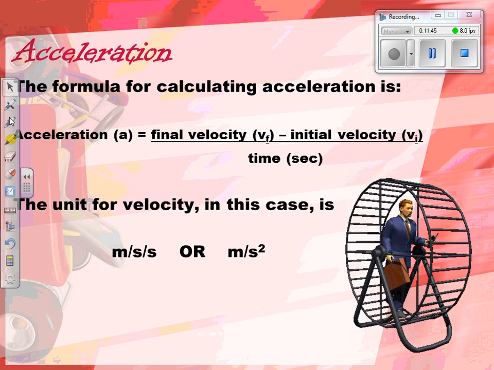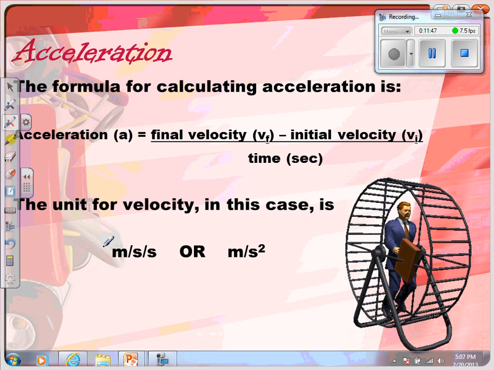Say this was 5. Okay, so say this man on the wheel there is changing his speed at a rate of 5 meters per second. What that means is every second he is changing his speed, increasing his speed by 5 meters per second.